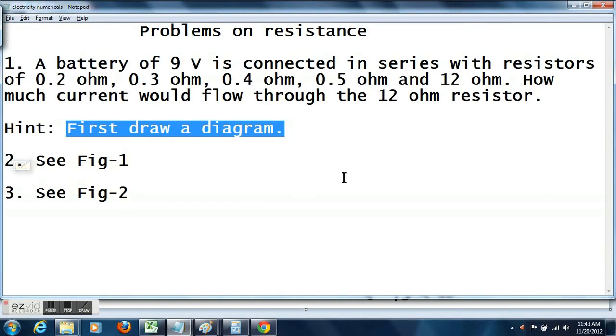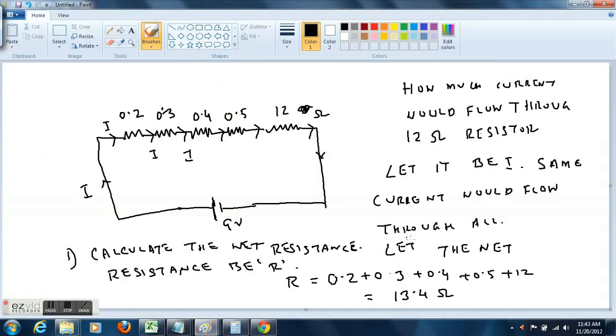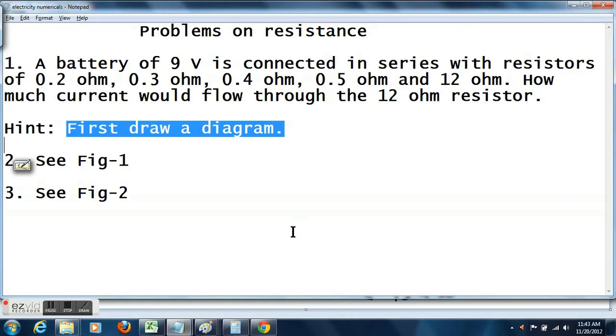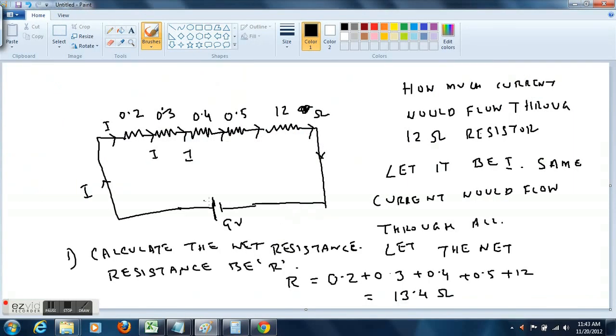Okay, and voltage is 9 volt. Then what is the current flow? Now we can use Ohm's law here. Let the current flow I equal V by R, that is according to Ohm's law, because V equals I into R, therefore I equals V upon R. Now V is 9, R is 13.4.